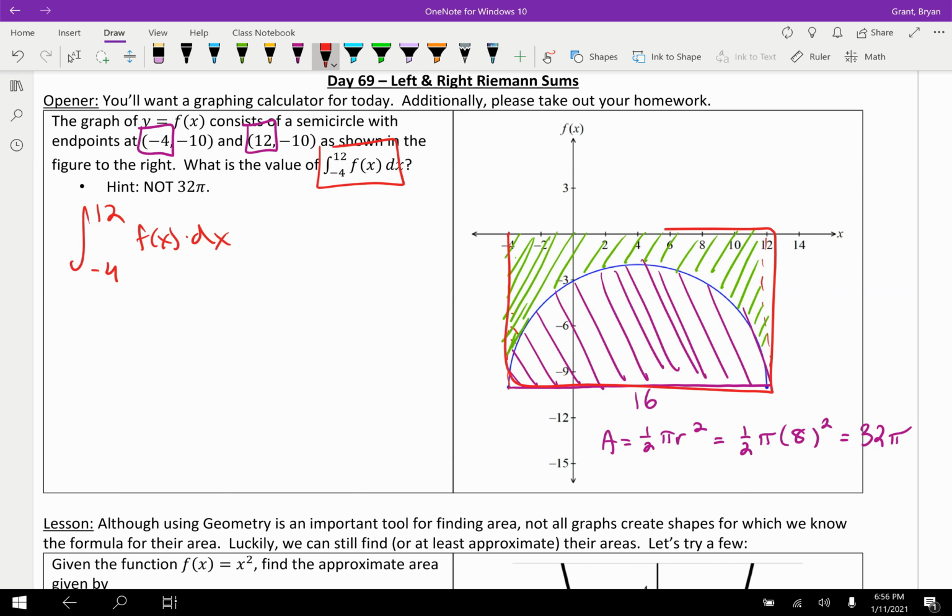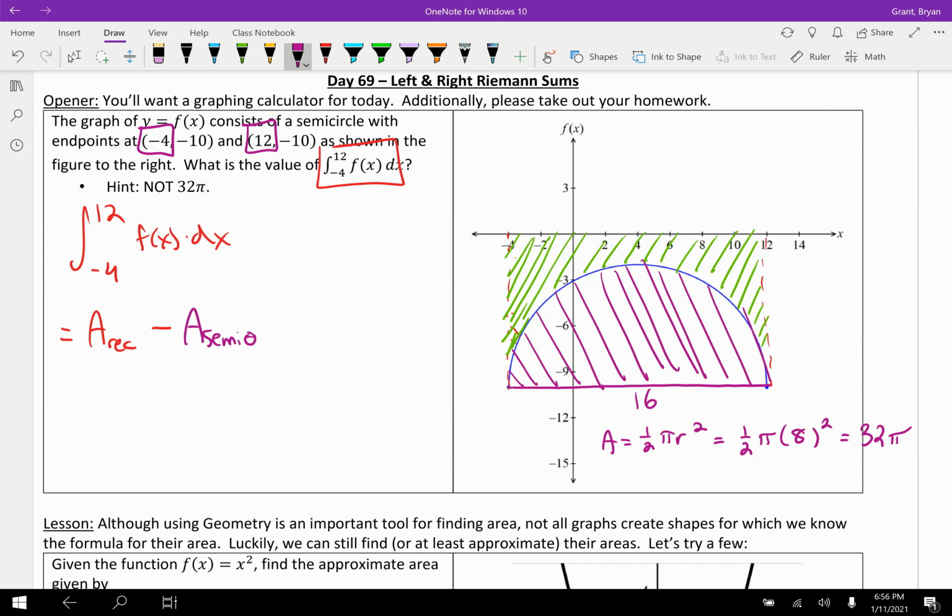Instead of drawing the rectangle like that, you could take out the semicircle and you'd go there. So if we want to find the green area, we are going to find the area of the full rectangle first. Then we are going to subtract the area of the semicircle.